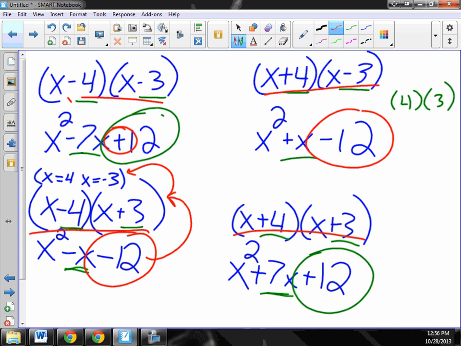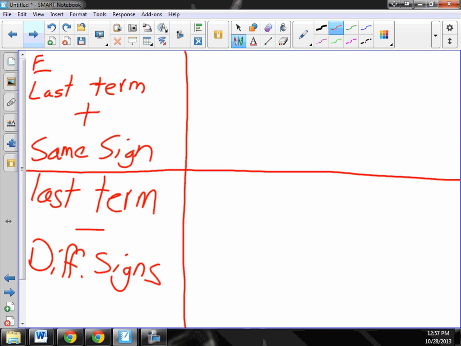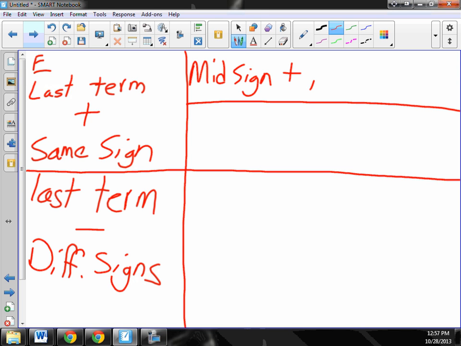Okay? So if I look and the last sign is positive, how do I figure out if they're both positive or if they're both negative? The middle term. So the middle sign. So on our chart, let's divide this in half. And if the middle sign is positive, what does that tell me?